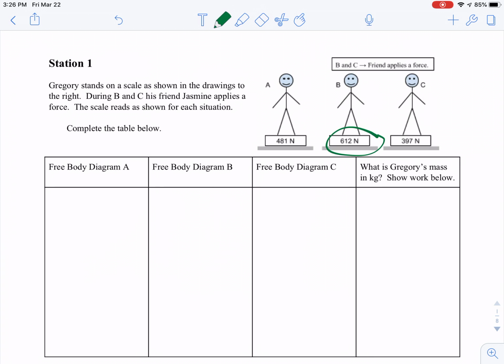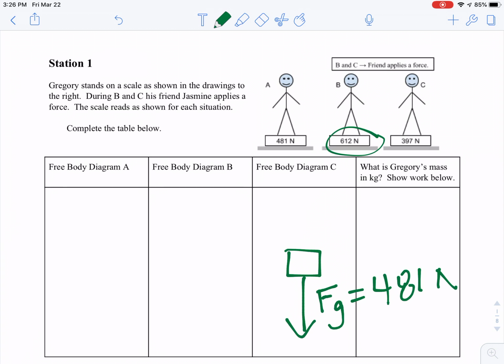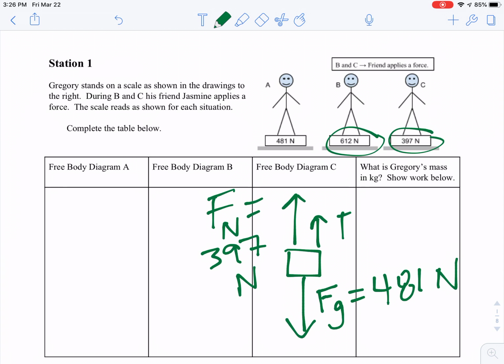All right, so for the next one, again, Gregory's force of gravity is 481. His normal force is written on the scale, 397. And then Jasmine must be pulling him up, and it's going to be 481 minus 397, which this one I remember, 84 newtons.